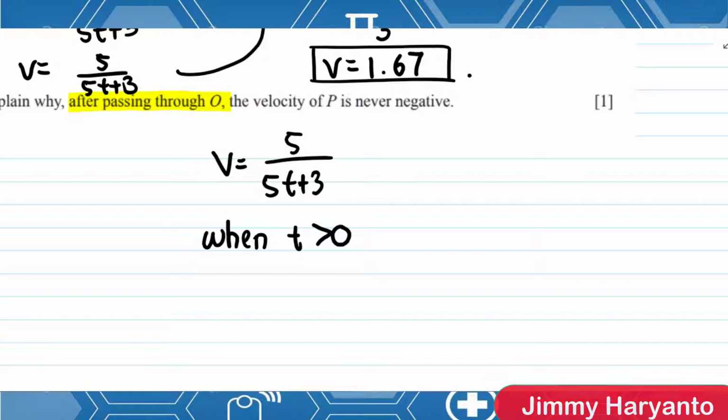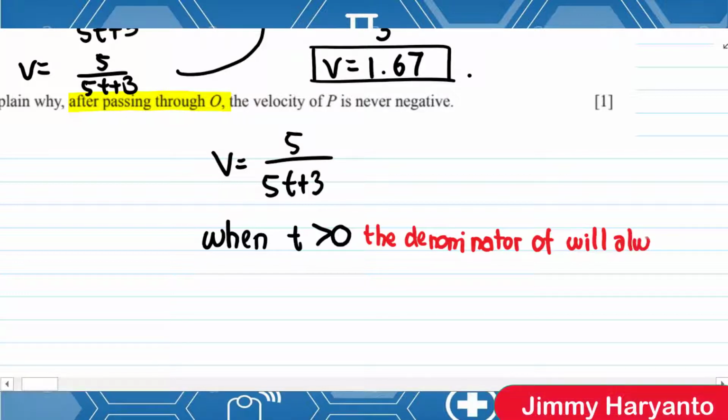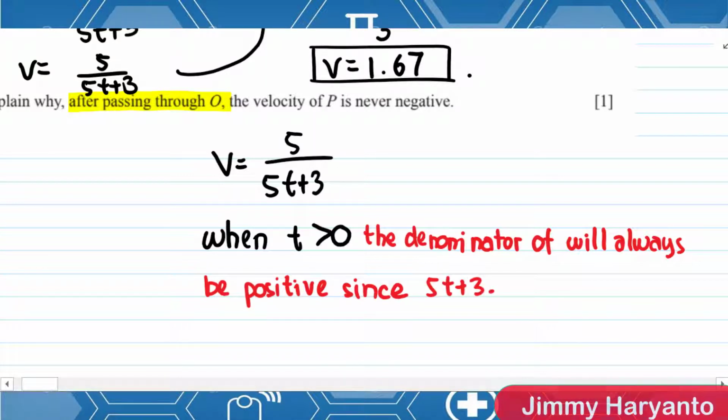When t is greater than 0, the denominator of the velocity will always be positive, since 5t plus 3: if t is positive, you add 3 after multiplying by 5, it is still positive.